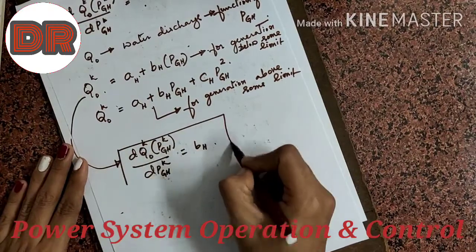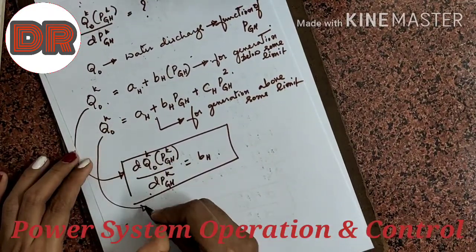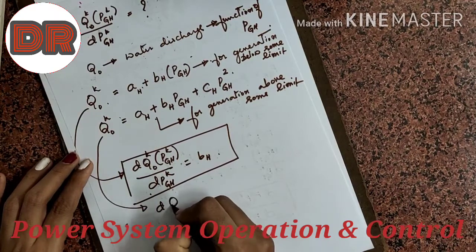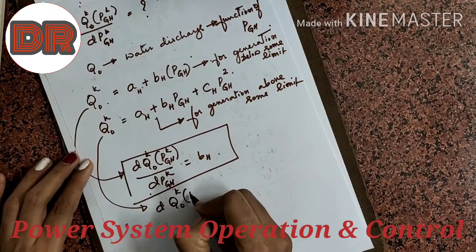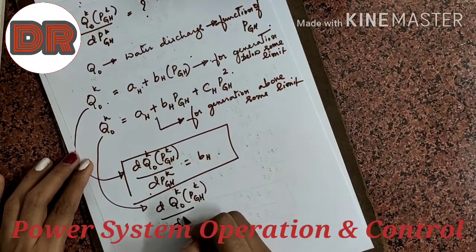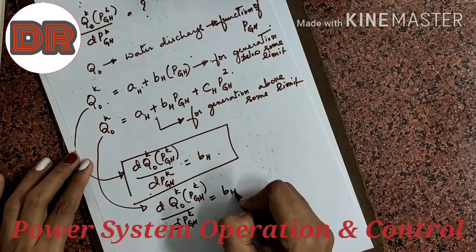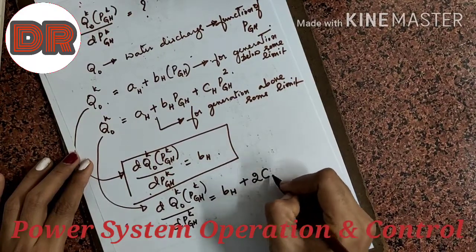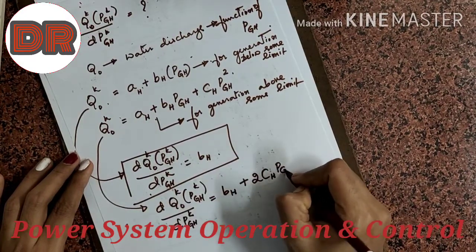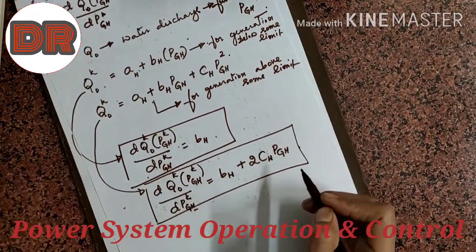If you are using the second equation, then the differentiation gives us BH plus 2CH PGH. So these are the terms to be used.